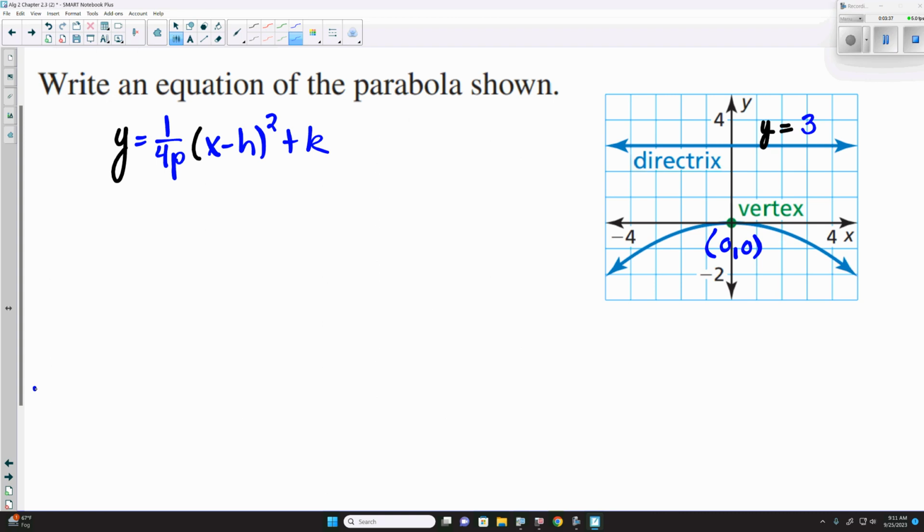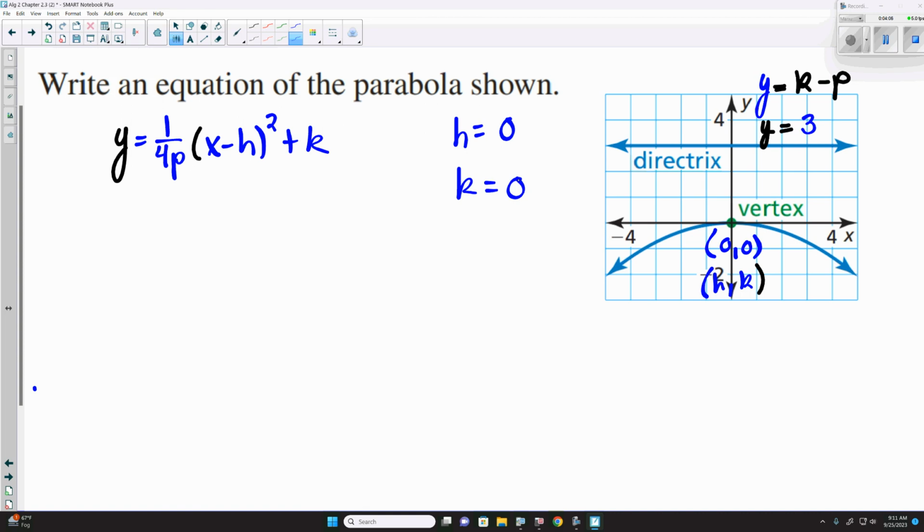We can always go back to these here, because our vertex is the point h comma k, and our directrix is the equation y equals k minus p. So we still need the values of h, k, and p. And in our case here, the value of h is 0, the value of k is 0, because the vertex told us h and k.